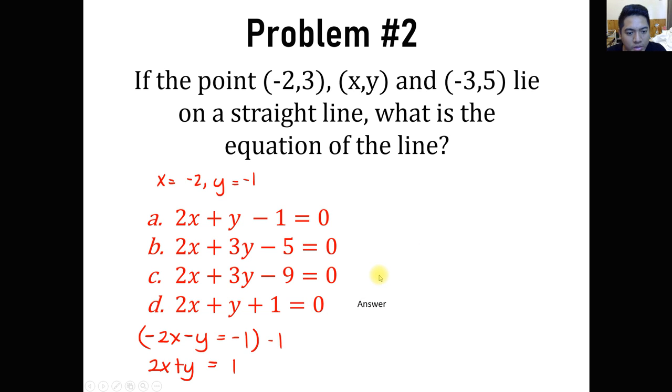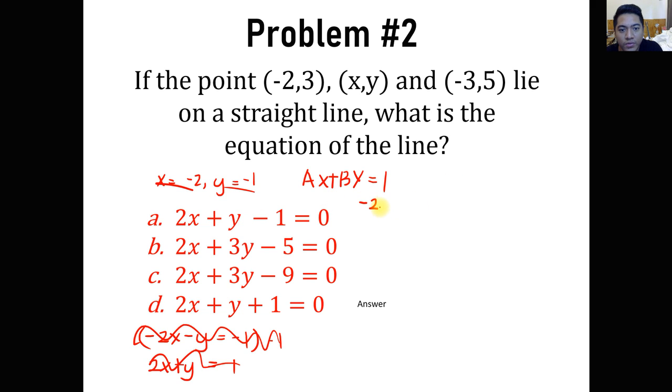So, what we are going to do here, let me just correct it. So, we get -2 and -1. So it's in the form of ax plus by equals the constant we have put a while ago, which is 1. So if our x would be a, it will be negative 2x, and then the b would be negative y, we have equals 1.